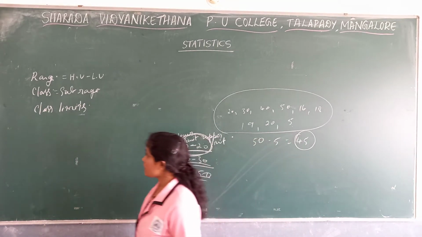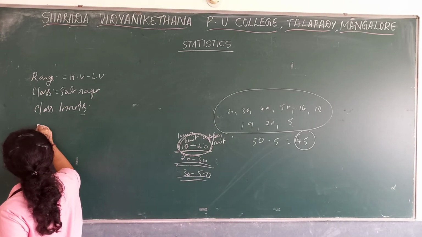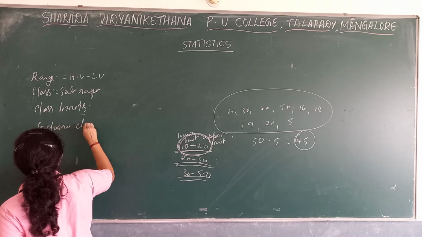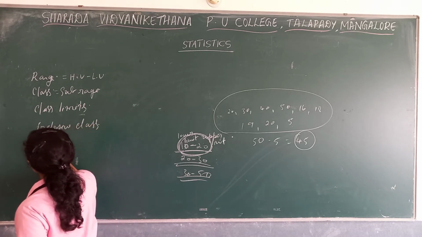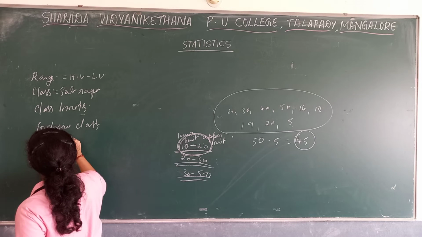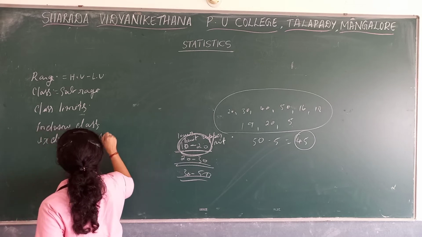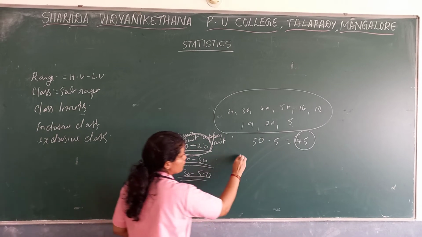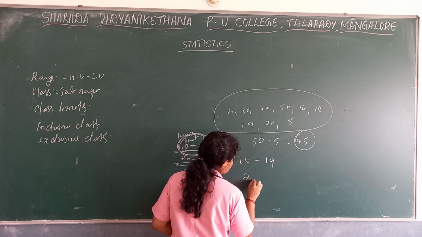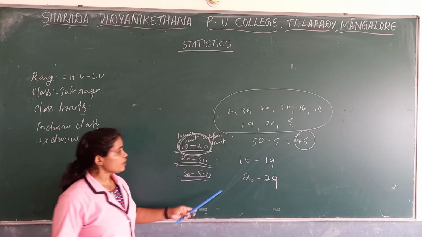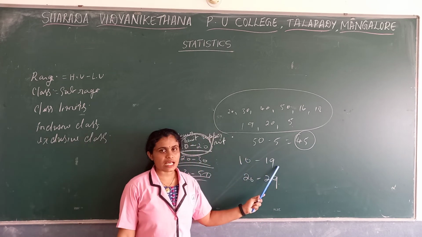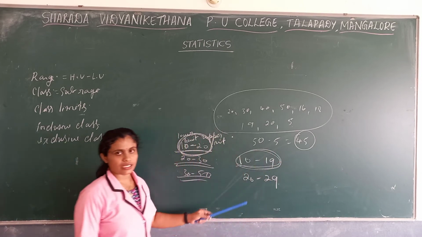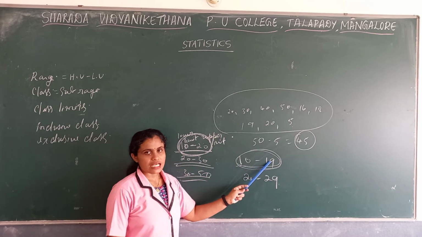Then we have seen class intervals: the inclusive class and the exclusive class. What is an inclusive class? An inclusive class is where the lower limit as well as the upper limit are included in the same class.